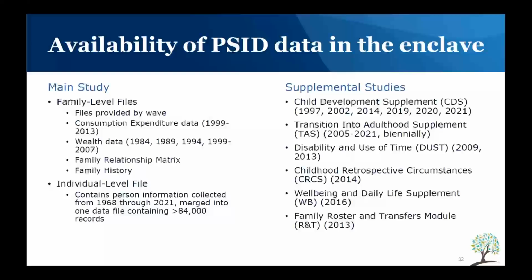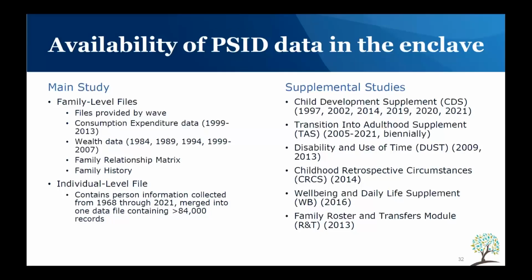Okay, so now we know the who, who's in the sample, who's there. This is the what, what is available. So at first I have listed here the availability of PSID data in the enclave. And as you can see, there's a lot of data that we've made available in the enclave. These are all publicly available data sets that you can also find on our website.